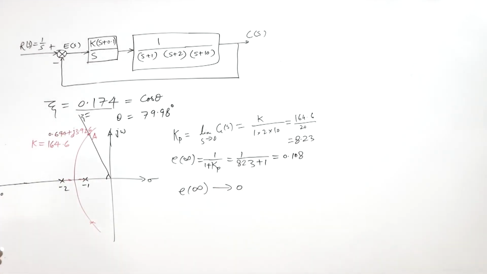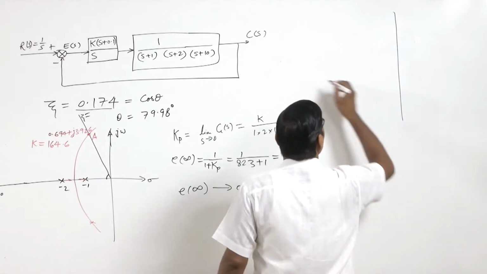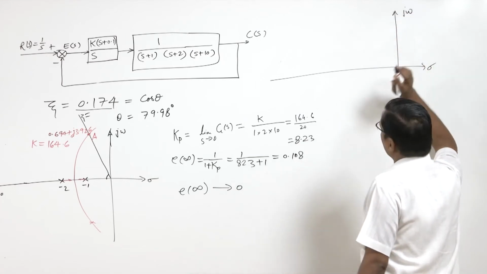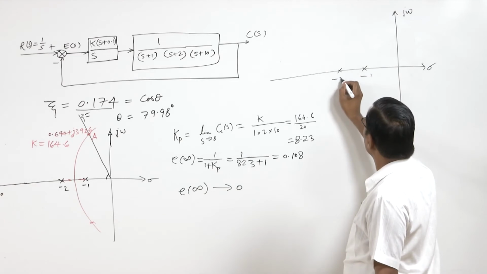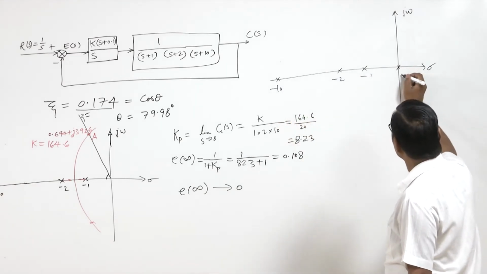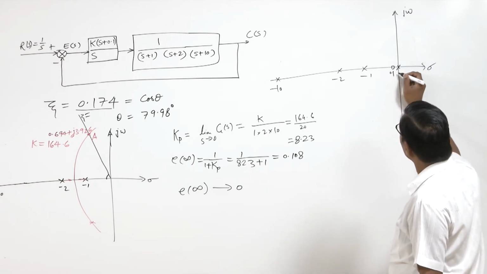Now what happens to the root locus? Here is -1, -2, and here is -10. Now we have one pole here at origin and a zero at 0.1.